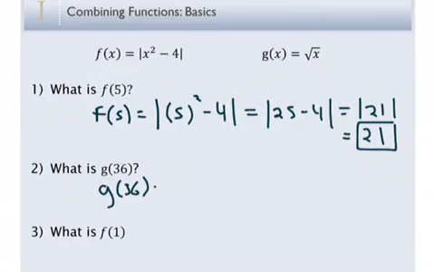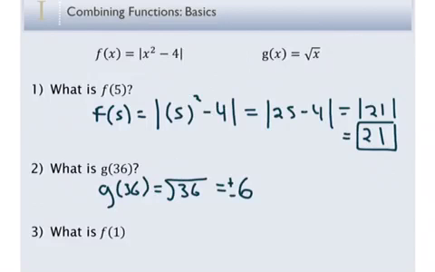I'll plug in 36 into my x, so I've got the square root of 36, which you know is going to give me 6. It's going to be 6 here. Really, I guess it should be positive negative 6. And now the last one, go ahead and give it a shot and tell me what you get.